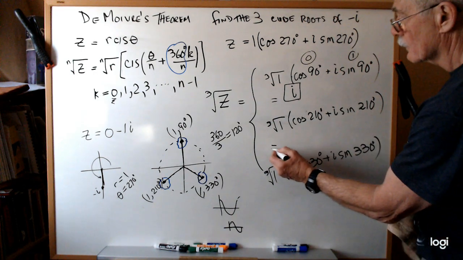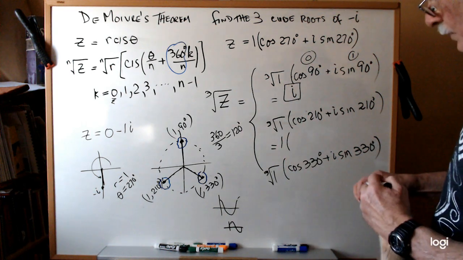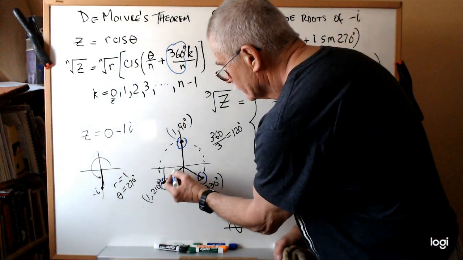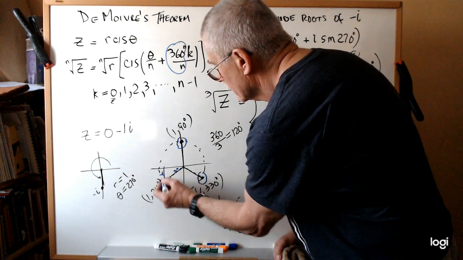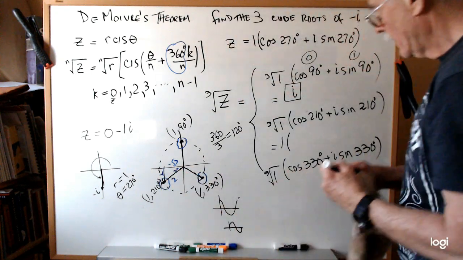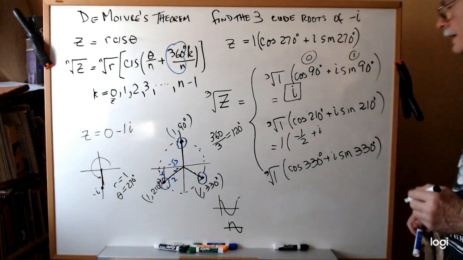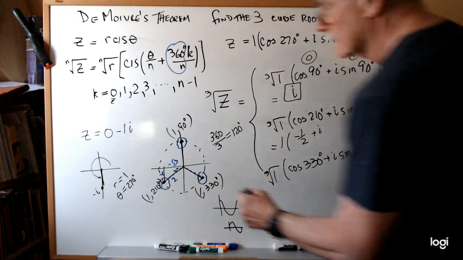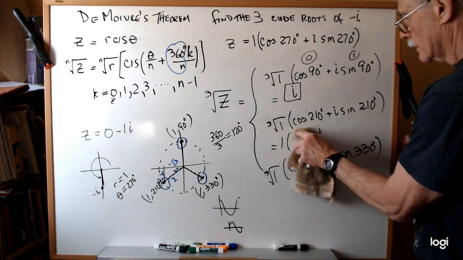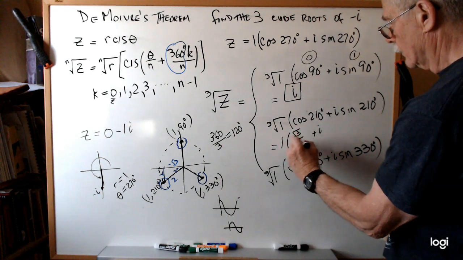So let's go down to the next one. Next one, this is a 1. Okay, so now we need to get the cosine of 210. All right, so let's see if we can do that. Reference angle is 30. So you have -1, 2, negative radical 3. And the cosine of 210 is negative rad 3 over 2.